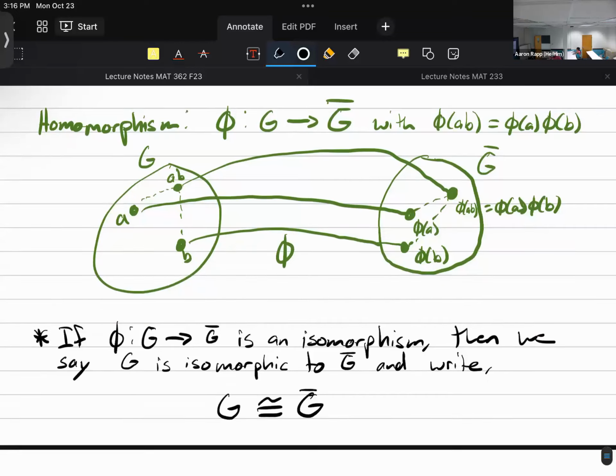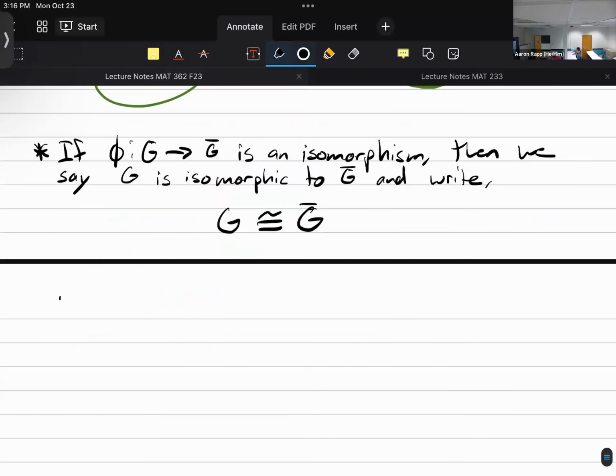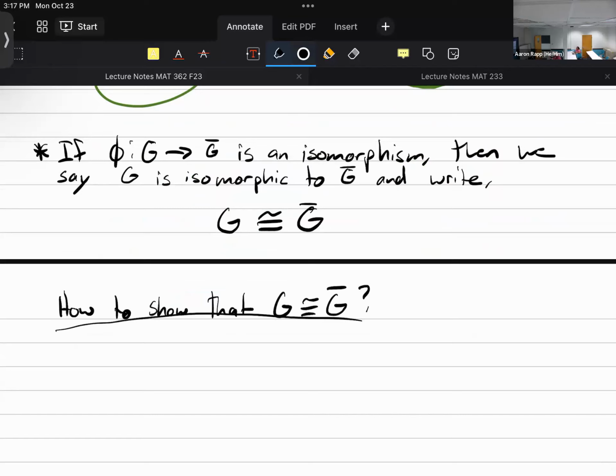Then if my goal is to show that two groups are isomorphic to each other, what is the one thing I need to create or construct? It's technically a proof. You have to create what and prove it is this thing.